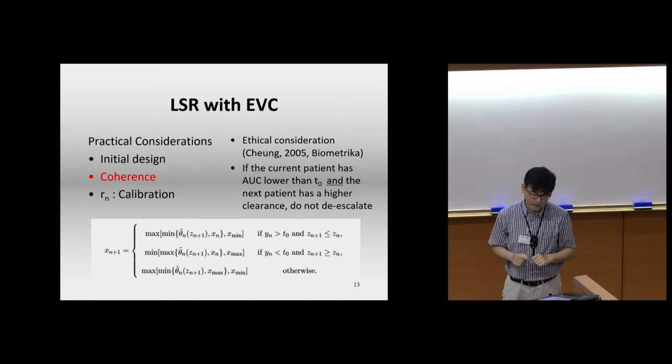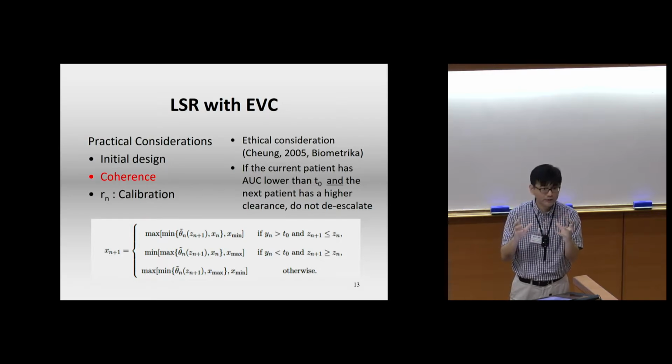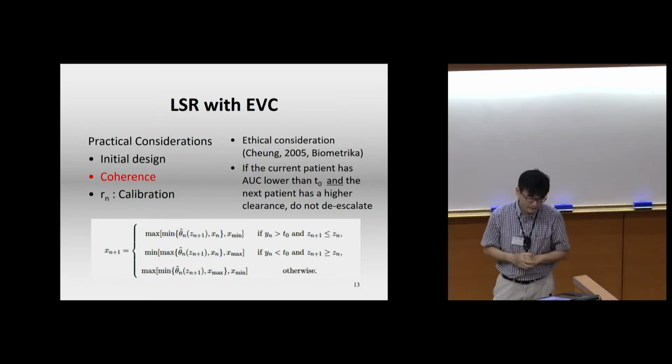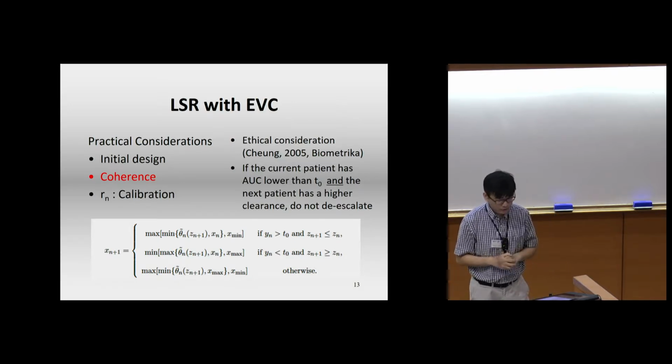On the other hand, if the current subject does not have a toxic outcome and has a higher clearance than the next subject, we should not treat the next subject at a lower dose. So basically, this is a logical constraint that makes sure that we are not dosing patients unethically. So this is the second, again, practical consideration.